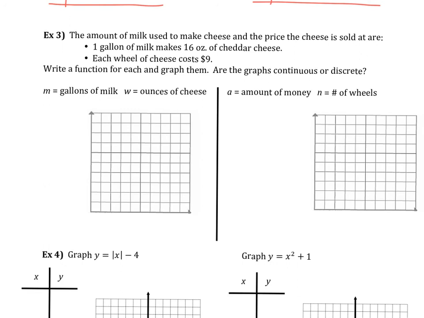It says the amount of milk used to make cheese and the price the cheese is sold at are these pieces of information. 1 gallon of milk makes 16 ounces of cheddar cheese, and each wheel of cheese costs $9, okay? Write a function for each and graph them. Are the graphs continuous or discrete?